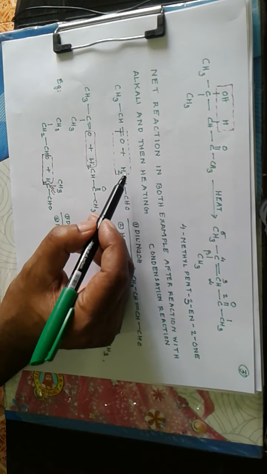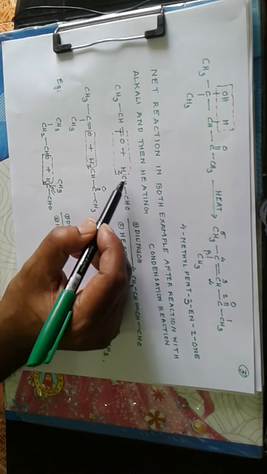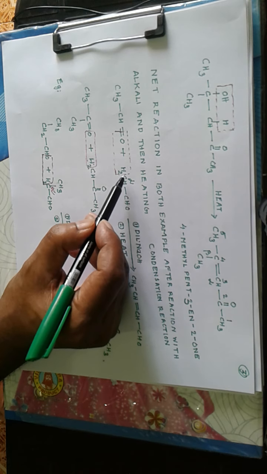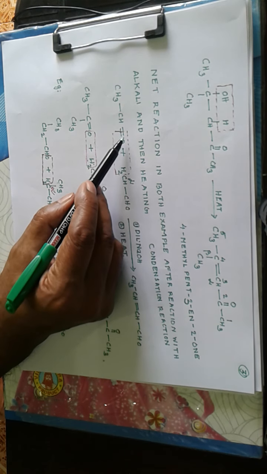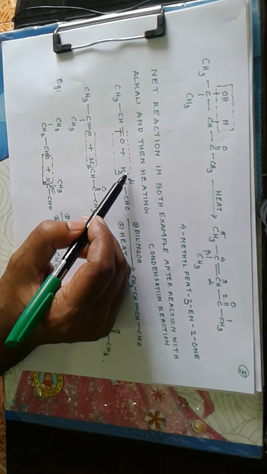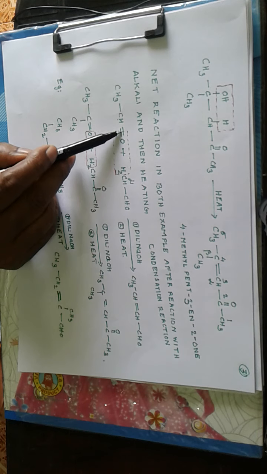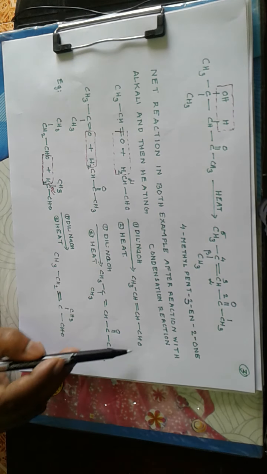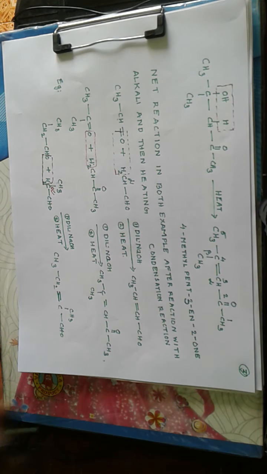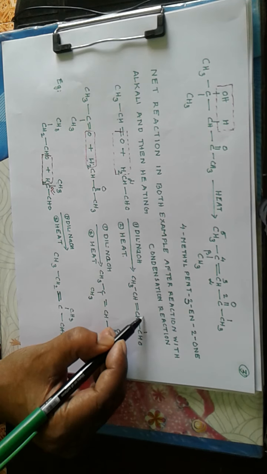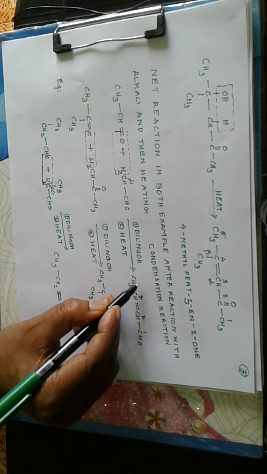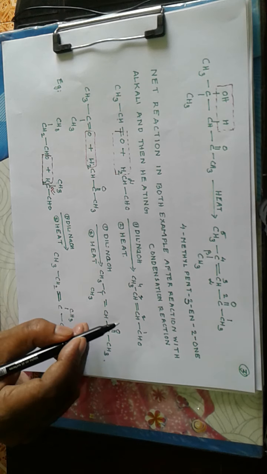And here the 2 alpha H atoms of the aldehyde combine with the oxygen atom of the carbonyl group, removing a molecule of water, and we get CH3CH=CH-CHO, and this is an aldehyde, 1, 2, 3, 4, so it is but-2-enal.